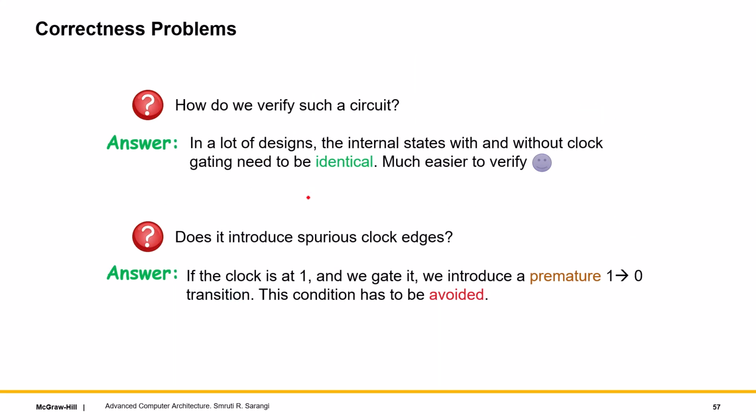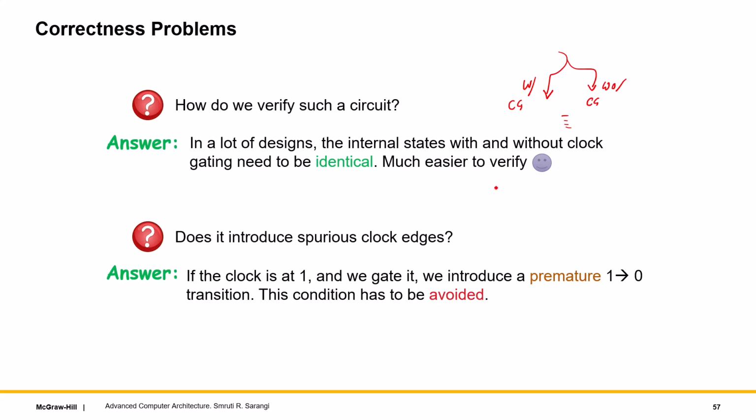There are a lot of correctness problems. The first is that verifying such circuits becomes very hard, very difficult. So in a lot of designs, the designers explicitly want that, either with clock gating or without clock gating, the internal states of all flip-flops should be the same.